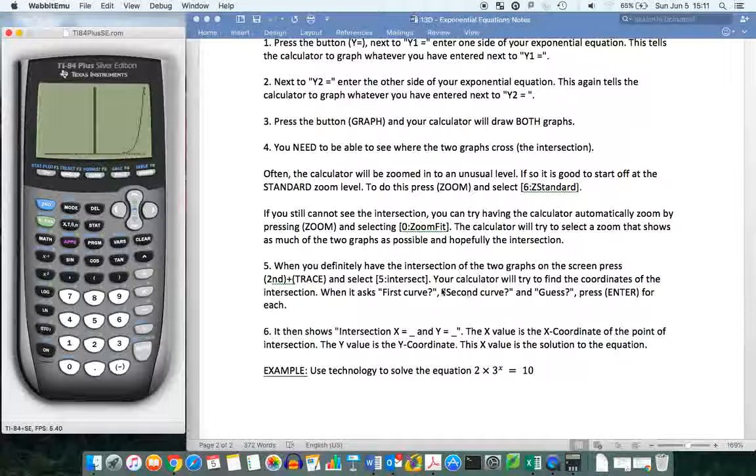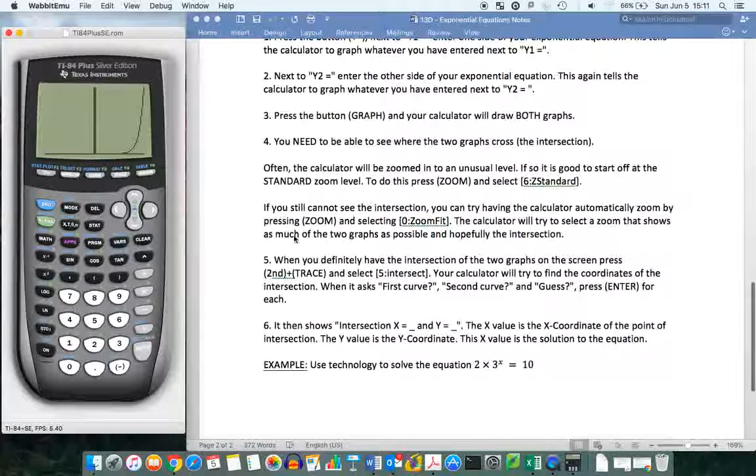So hopefully, okay, that's not even that much better. Now it's just a line at the bottom, but I think it guarantees that you're going to have the intersection on there somewhere. For you to get the intersection, you just need to make sure that it's visible on the screen. So I'm hoping that that zoom fit has found the intersection there on the screen somewhere.